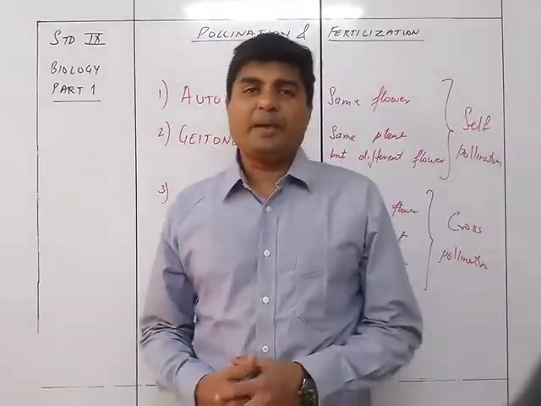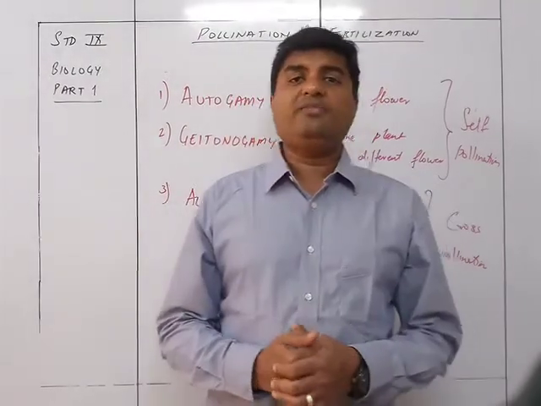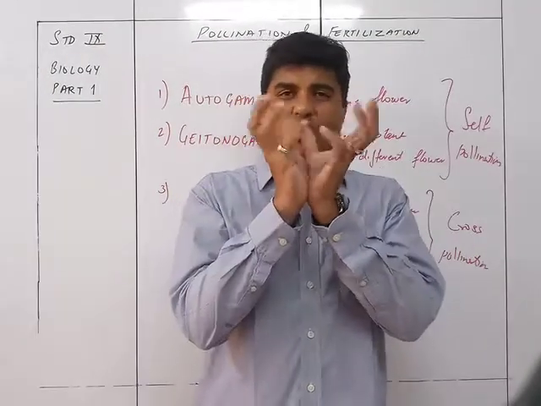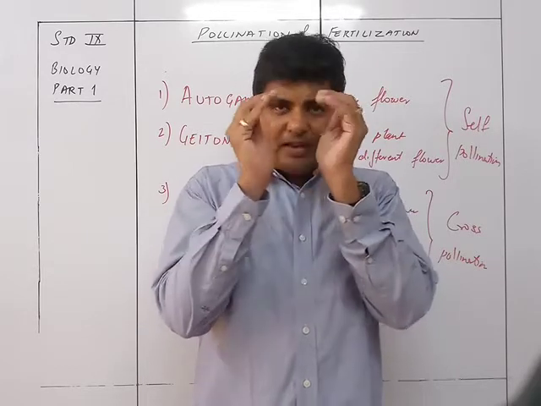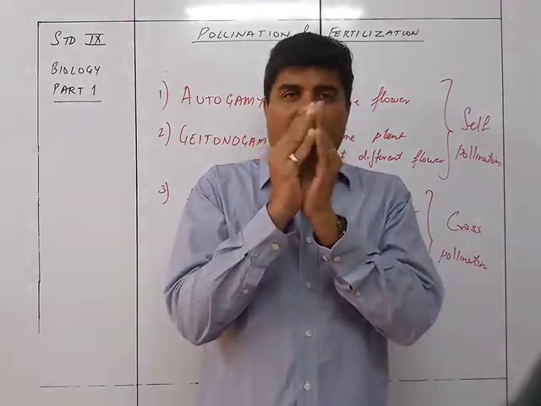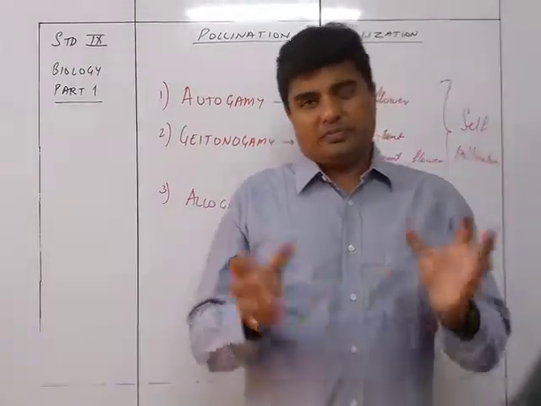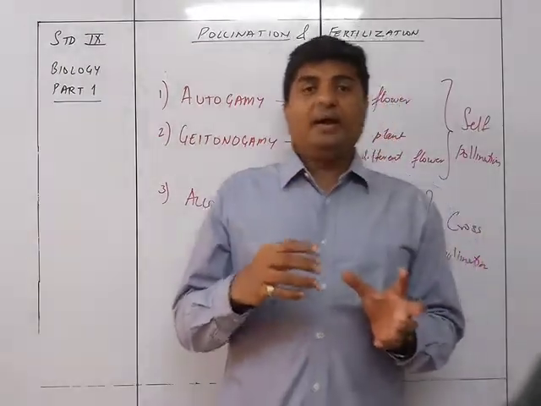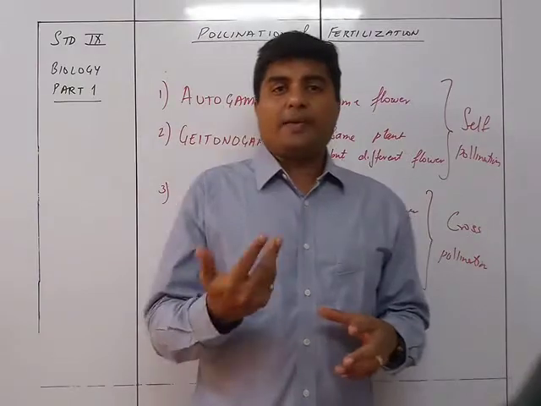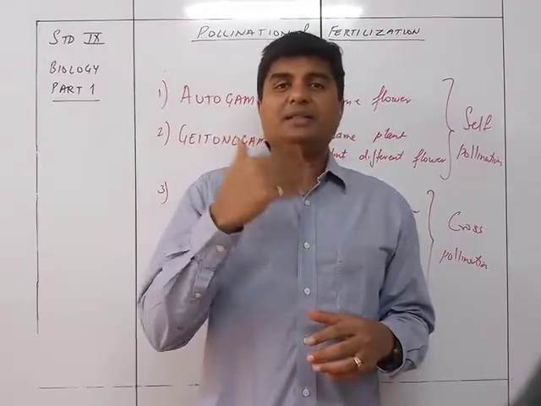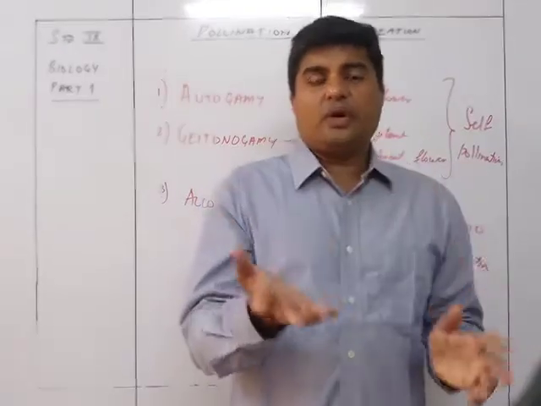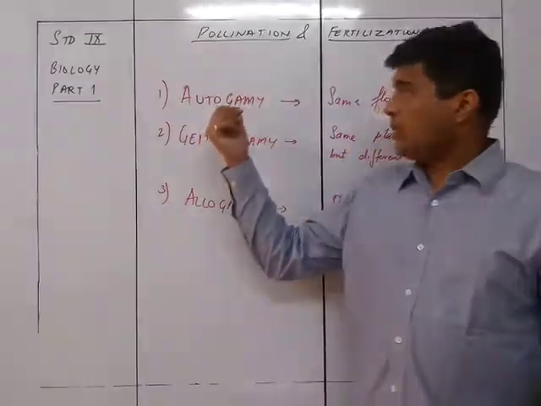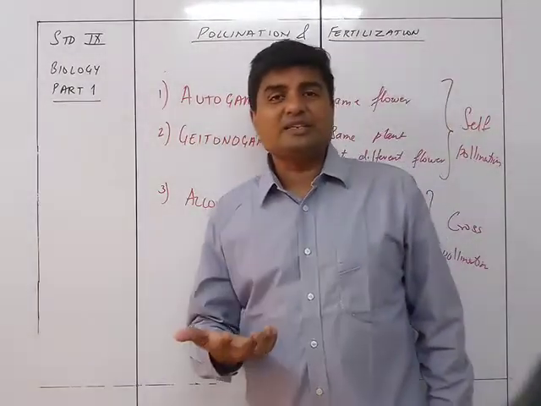See, in many flowers the flower never blossoms, it never opens up, and the anther and the stigma are closed inside that particular kind of flower, and that's why the pollination is going to take place between the anther and the stigma of the same flower. So in such a case, what is going to happen is nothing but autogamy.